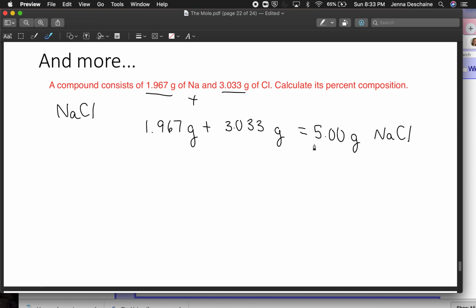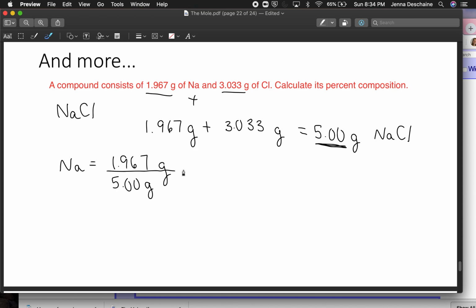So now that I have the whole, I'm going to find my percent composition for each of the elements. I have sodium, and the part of the compound that makes up sodium chloride is 1.967 grams. And then the whole is 5.